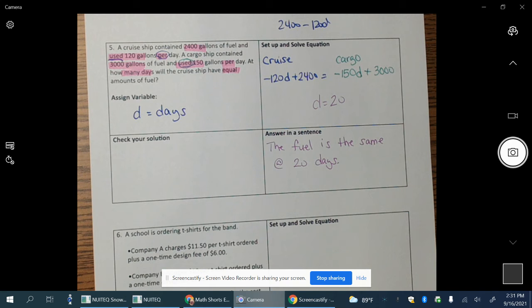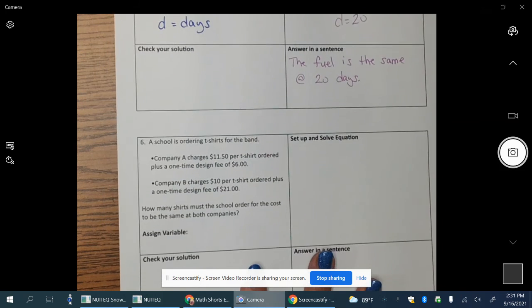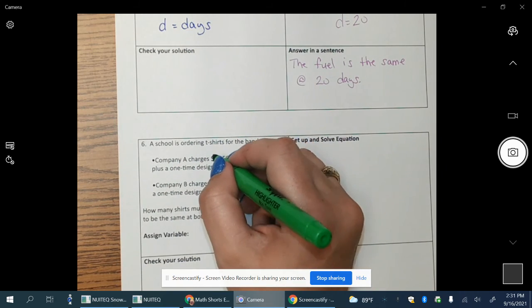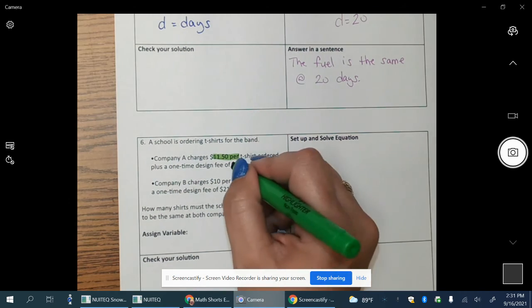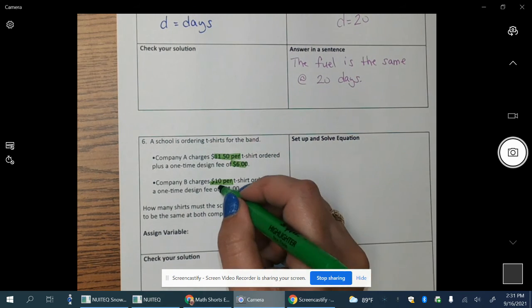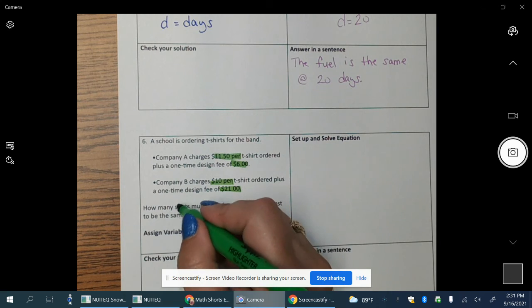All right. Anybody that has not read, want to read? Okay. Go ahead. The school is ordering t-shirts for the band. Company A charges $11.50 per t-shirt ordered plus one-time design fee for $6. Company B charges $10 per t-shirt ordered plus one-time design fee for $21.